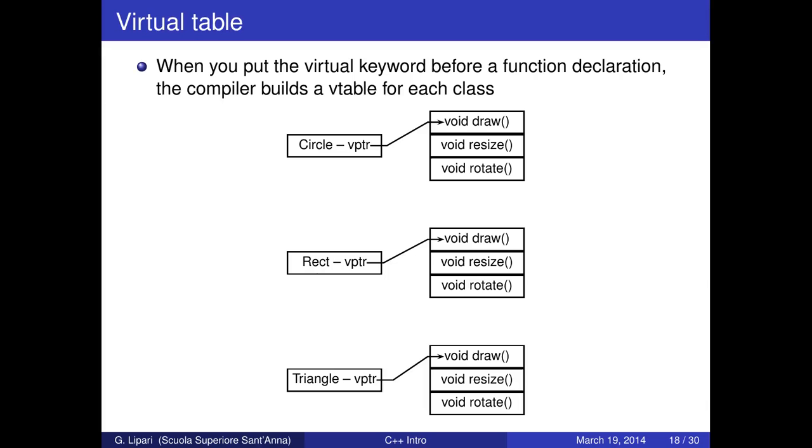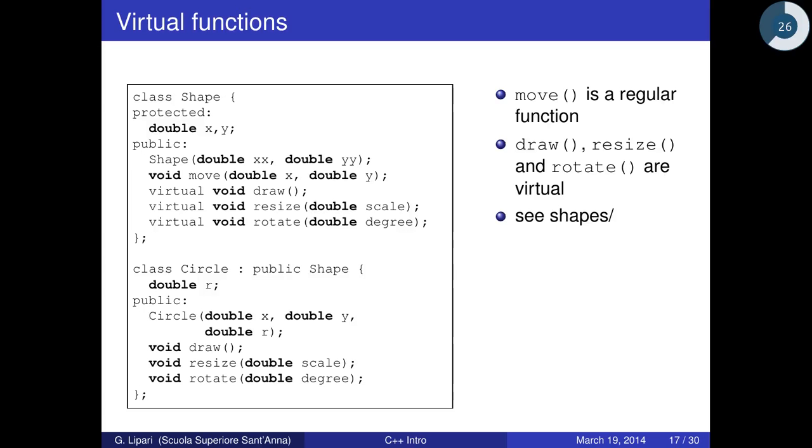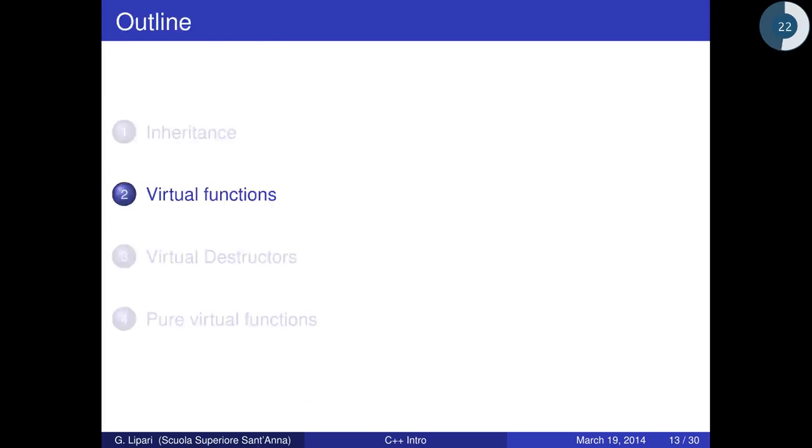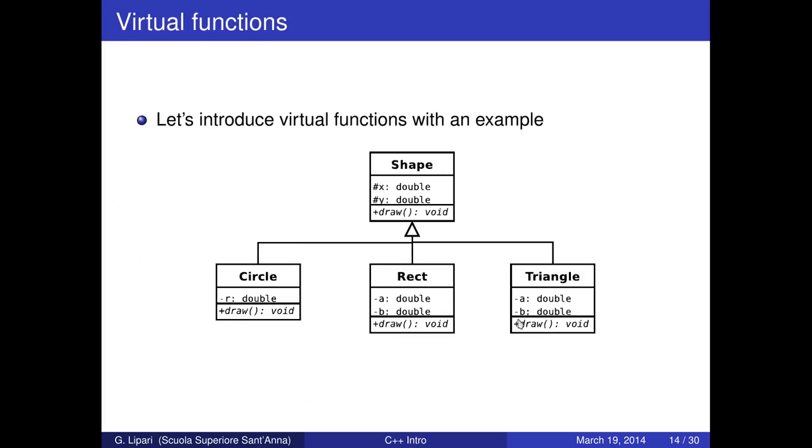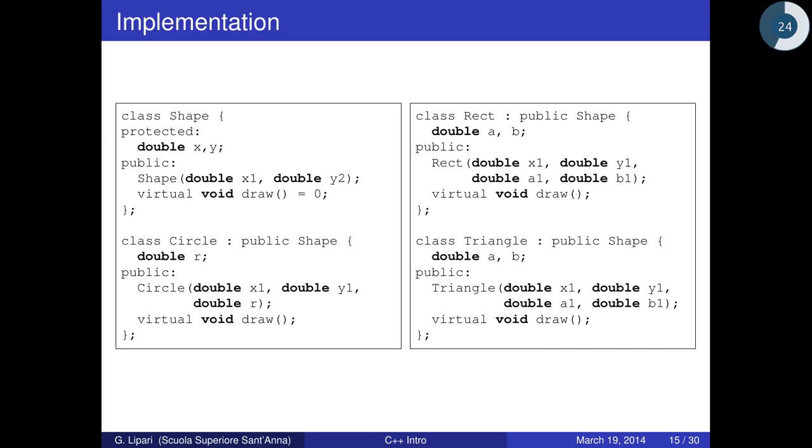So you are going to have a table for class circle, which contains pointers to the member functions defined inside the circle. There is going to be another table for rectangle, which contains pointers to virtual functions defined inside rectangle, and so on and so forth. So for every class in the hierarchy here, if draw is virtual, then a table which contains a pointer to draw is going to be defined.